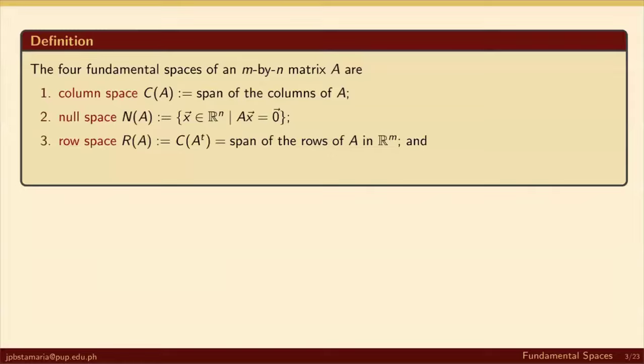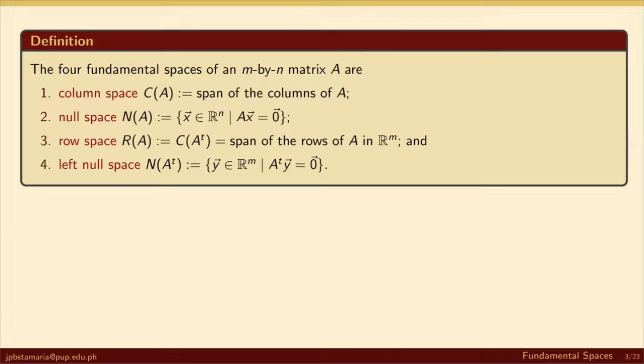While the fourth fundamental space to talk about is the null space of the transpose of A. So in linear algebra, this space is what we call the left null space of A. And we shall see later why it's called the left null space.